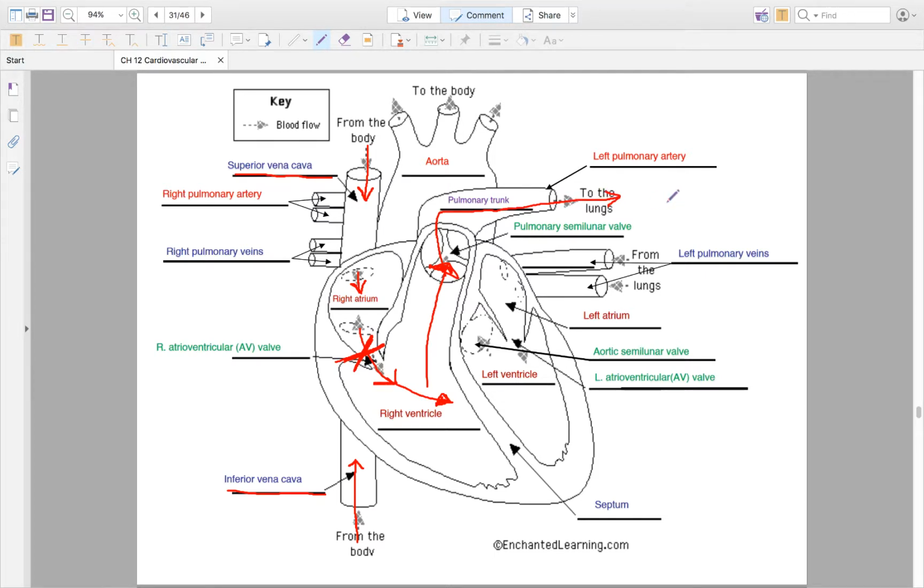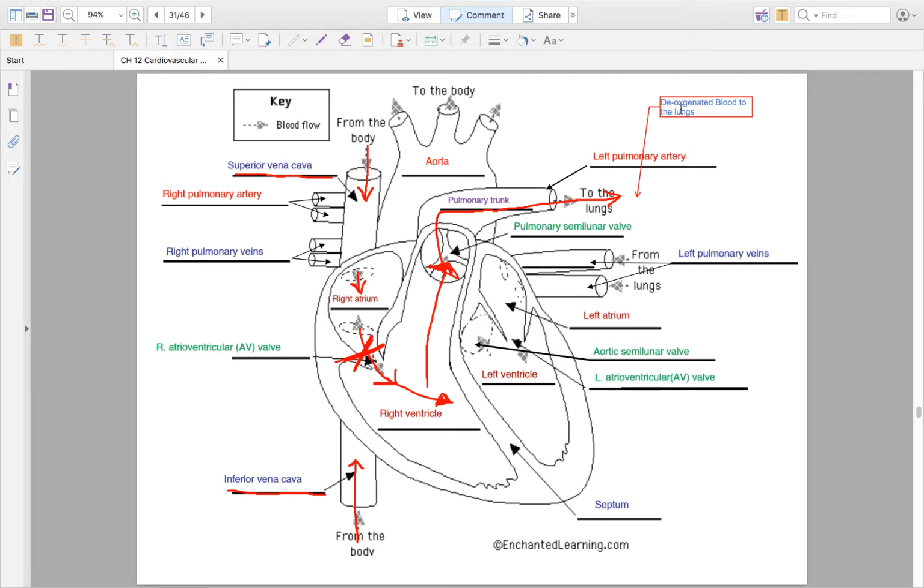In the lungs, very specifically, we exchange CO2 for O2. So this is deoxygenated blood coming to the lungs. Let's clarify that. Deoxygenated blood to the lungs.